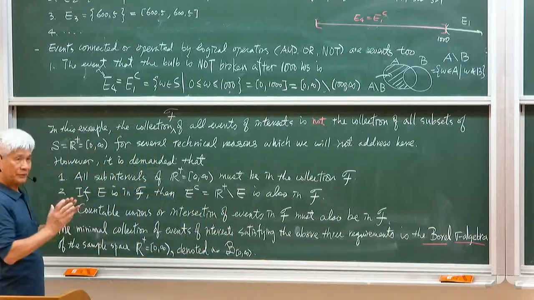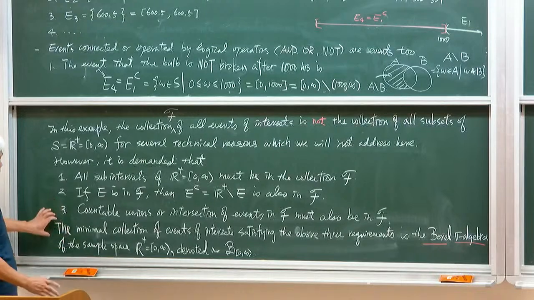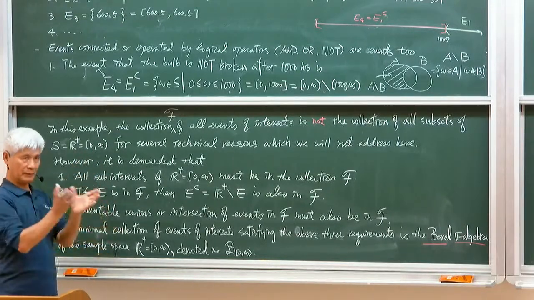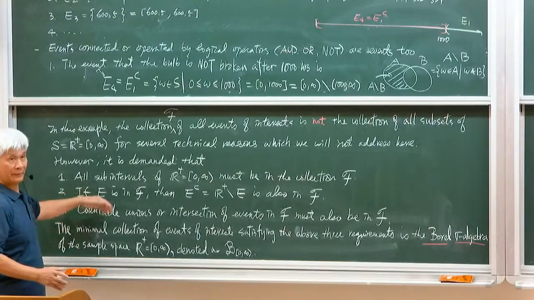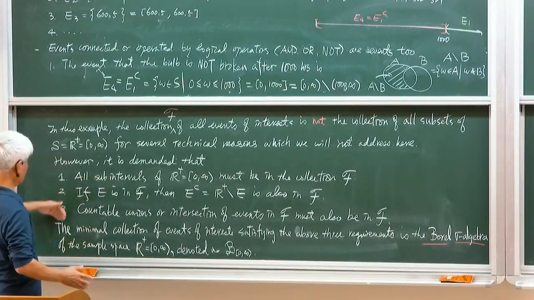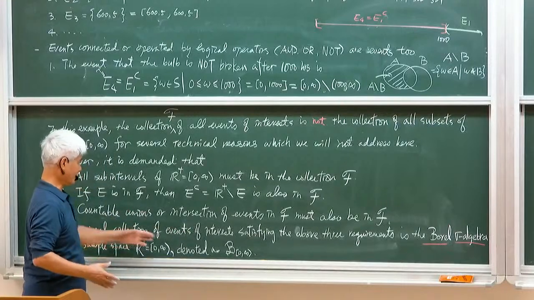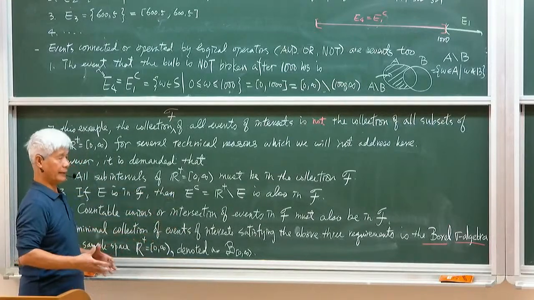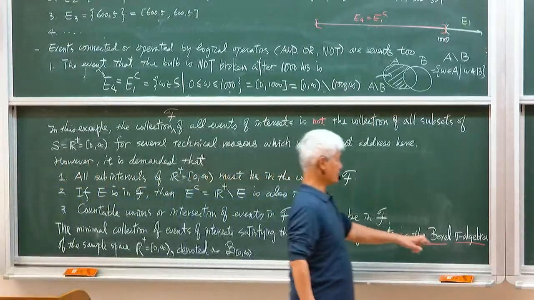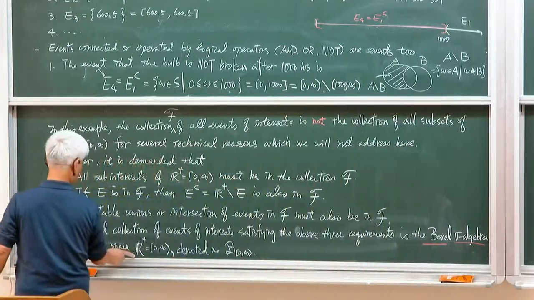So this sentence just says that we have the minimum one satisfying these three requirements, because that would be enough. This minimum collection of events of interest has a special name, and it is called the Borel sigma algebra of this special sample space.